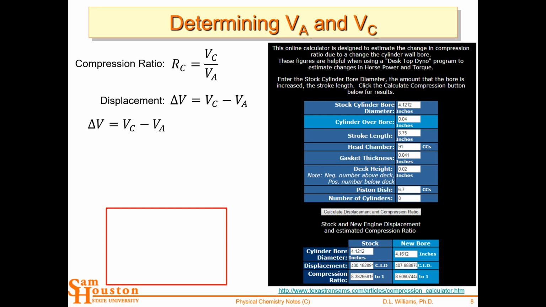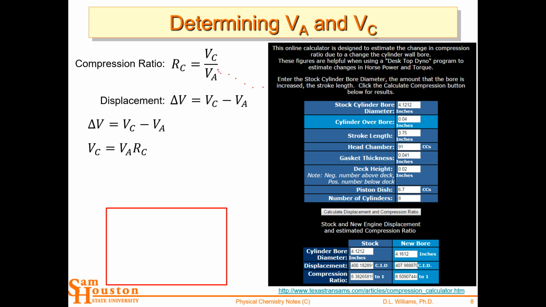So here's a Trans Am calculator, if you wanted to figure out how much horsepower you could get by boring out your cylinders and putting in new pistons and rings. This has the stock amounts and the new bore. And so you've got displacement and compression ratio given here. If you have those two numbers, you could solve for VC.